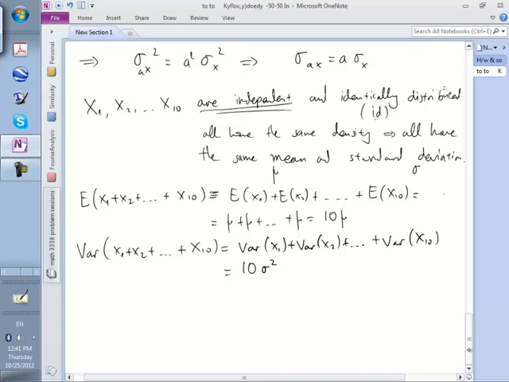Okay? Now let's take a new random variable, which I call X bar, and this is the sample average of them. I take the sum and I divide it by 10. What is the mean of X bar?